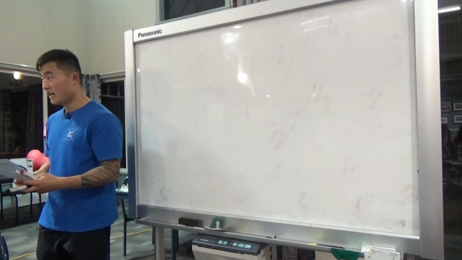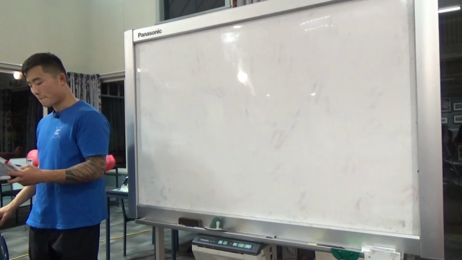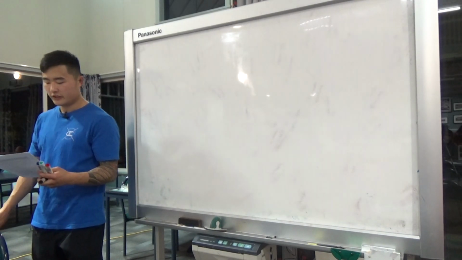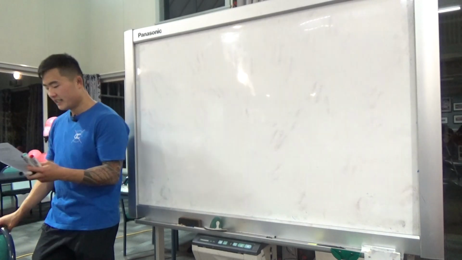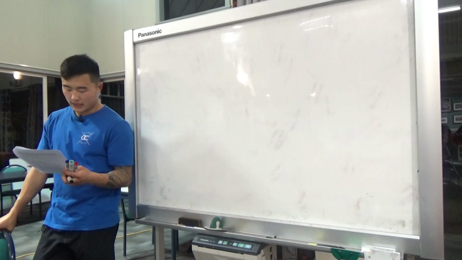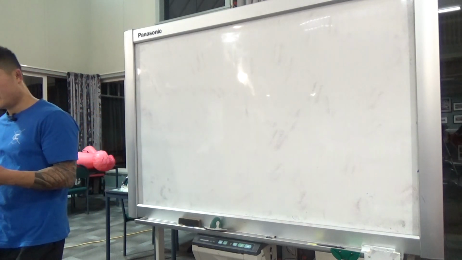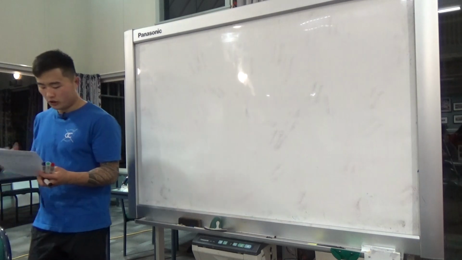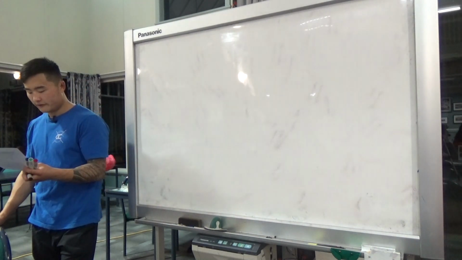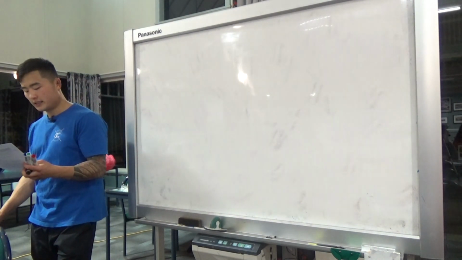Next we have number 5. A charge of 0.5 coulombs is moved from A to B and then back to A again along the path shown through a series of equipotential lines. So we want to find out the total work that must be done against the electrostatic field in order to move the charge along this path.